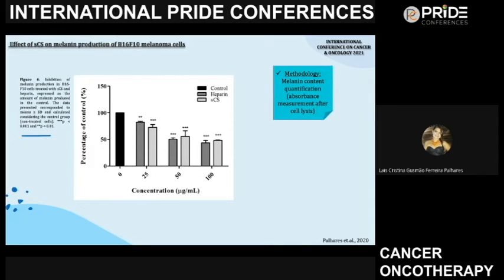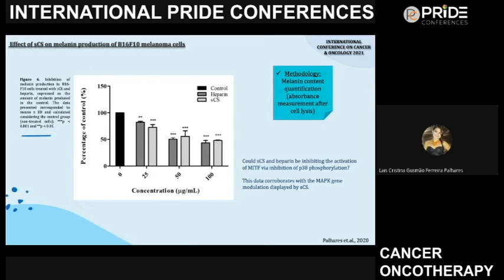And this is quite interesting because you can somehow use melanin production as an indirect way of seeing whether the cell is more aggressive or not, and that relies on the fact that melanin synthesis by the melanoma cells actually falls in the pathway which requires p38 phosphorylation and then activation.